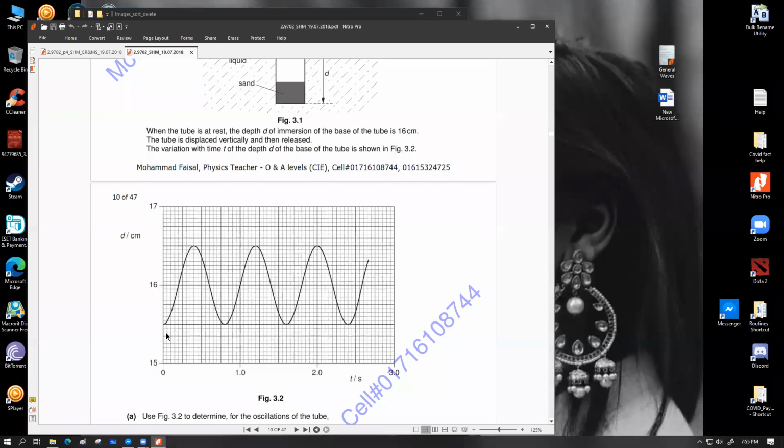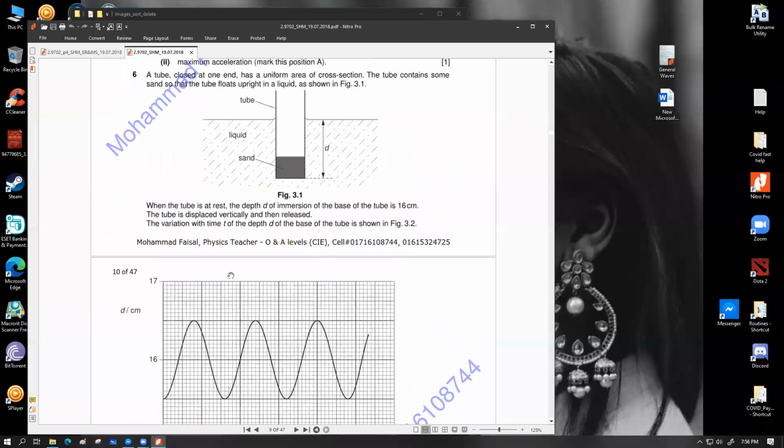So first the depth was 15.5 centimeter at t equals 0, and then the depth was increasing, and the highest depth was how much? How much is this value? Sir, 16.5. 16.5. So that way you should visualize this thing, that it was lifted up.